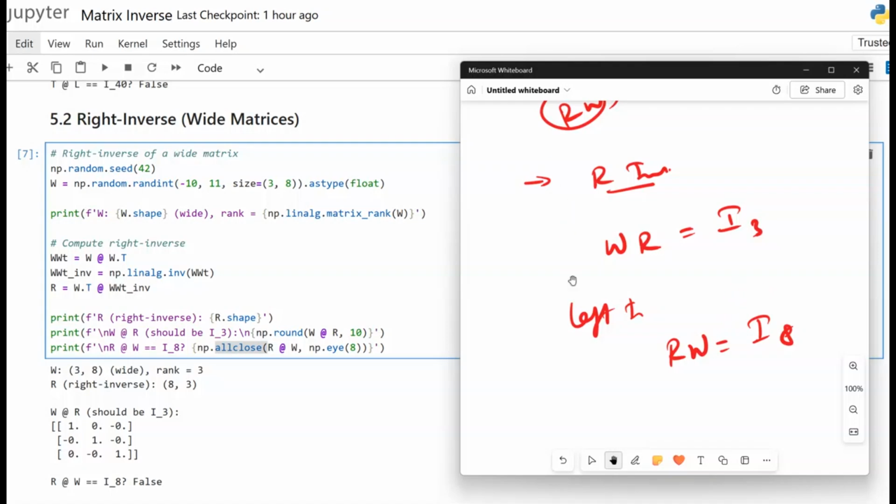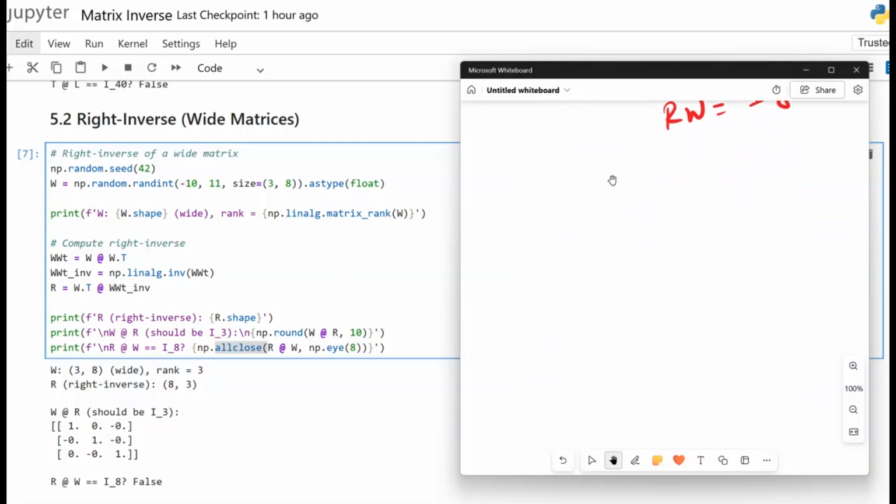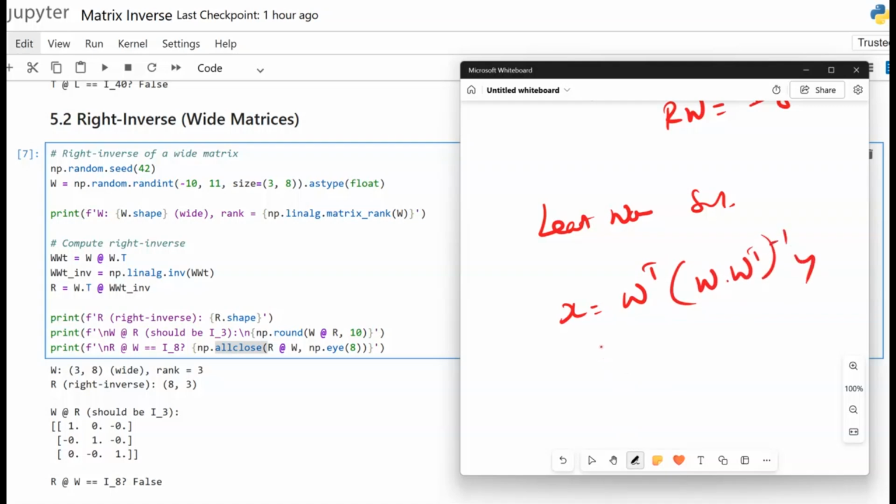And towards the properties, yes, this is connected to the least norm solution, with the formula X is equal to W transpose multiplied by W W transpose whole inverse Y. And it solves the minimum norm solution. And dear friends, of course, we have discussed two important cases.